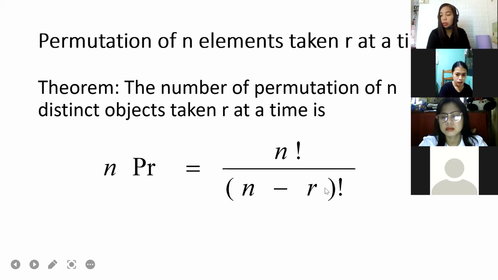You can also use your calculator; the answer when you apply this formula is just the same. Again, r came from n, so r should be less than n. It's like r is the sample, n is the population.